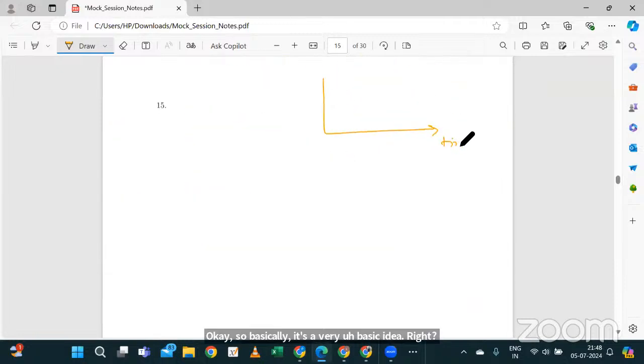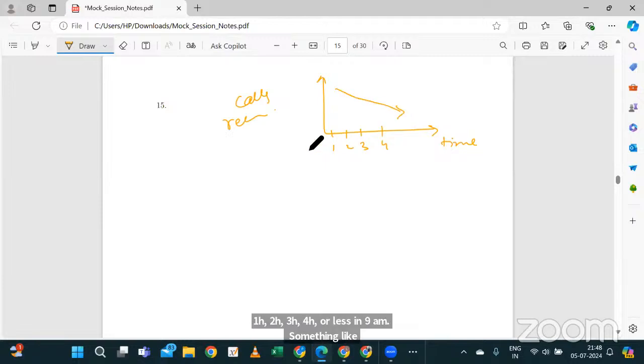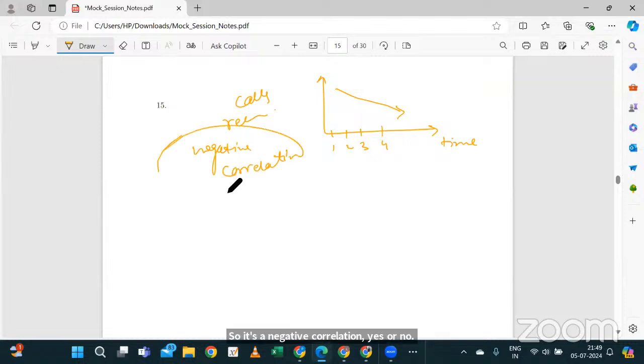This is the time and this is the calls received per hour. So if you're talking about, let's say 1 hour, 2 hours, 3 hours, 4 hours, or 9 a.m., as it's increasing, this is decreasing, right? So it's a negative correlation, yes or no? Yes, sir. Correct?